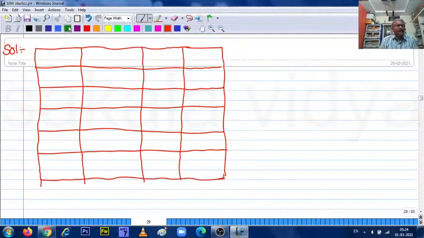So this is marks, we can write class interval. This is number of students, this is Fi. Next the mid value Xi. This is Fi into Xi.